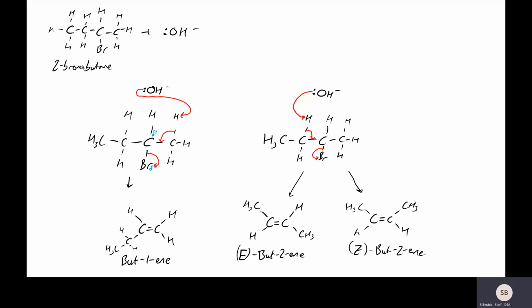When you have branched alkanes coming off the carbon with the halogen on, then it can get even trickier. But for those ones, it's worth just having a go with them yourselves.